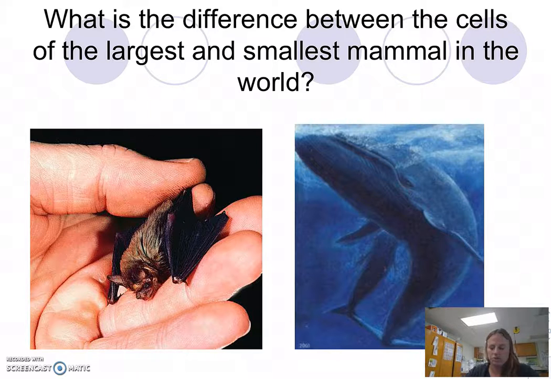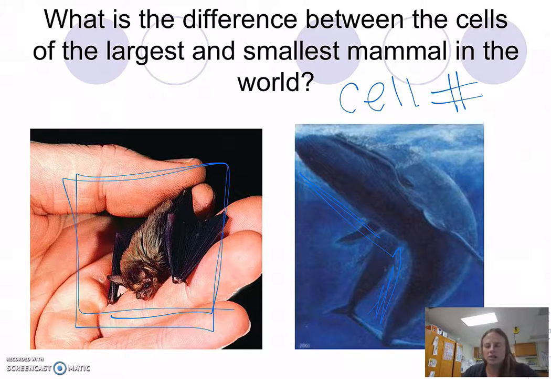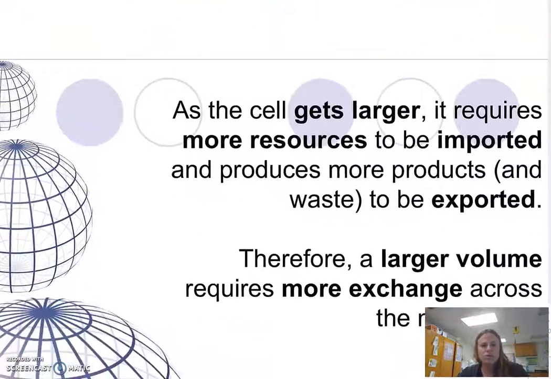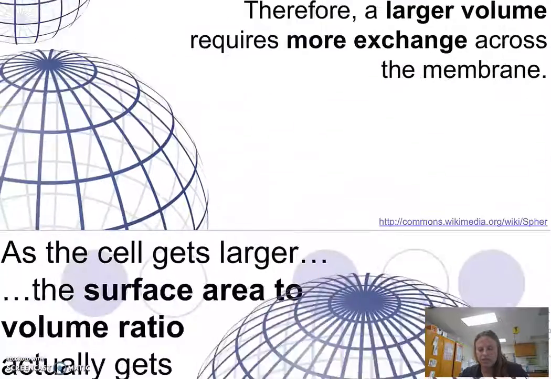So the difference between the largest and the smallest mammal in the world isn't going to be cell size, it's going to be cell number, where obviously the larger organism is going to have a larger number of cells. So again, as the cell gets larger, it requires more resources to be imported, more waste and products to be exported. Therefore, you need a larger volume requiring more exchange.